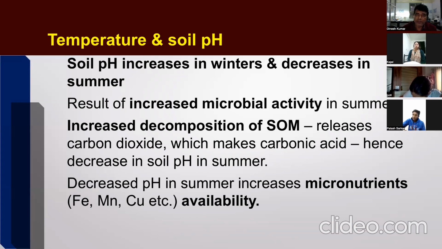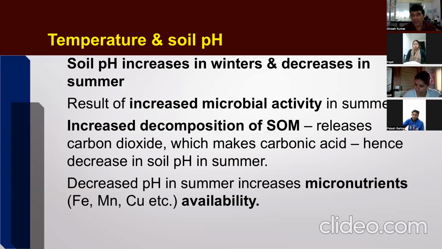If decomposition of organic matter is slow, fewer acids and fewer hydrogen ions are released upon the decomposition of organic matter. So there will be less production of acidic substances because of low decomposition in winter.